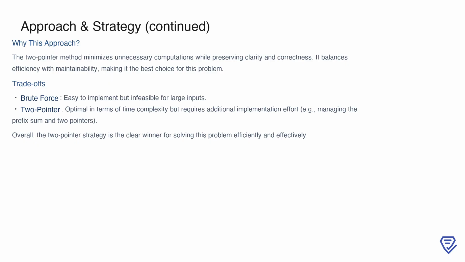In contrast, the two-pointer strategy not only improves performance but also handles the problem's constraints in a structured and logical manner. This does require additional effort in terms of implementation, such as managing the prefix sum array and coordinating the movement of the two pointers, but the trade-off is well worth the efficiency gained. Overall, this approach is the best choice for solving the problem in a way that is both scalable and robust.